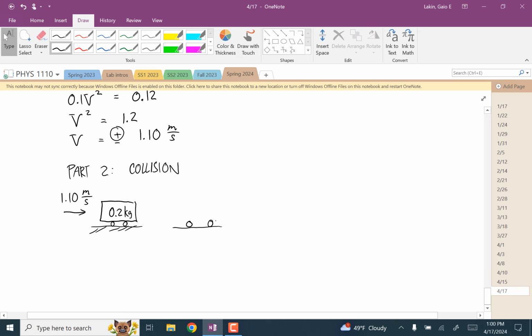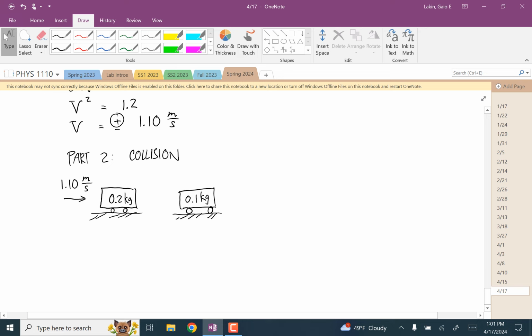The other cart is just sitting there at rest, and it has a mass of 0.1 kilogram. To use conservation of linear momentum, the net force on that system outside of colliding with each other has to be 0. Well, this is moving in a straight line with a constant speed, so there can't be any net forces.